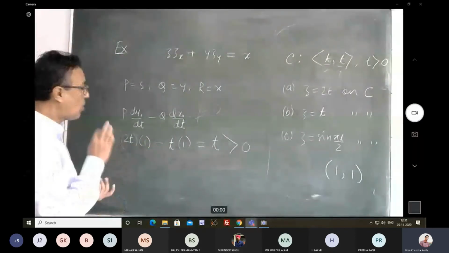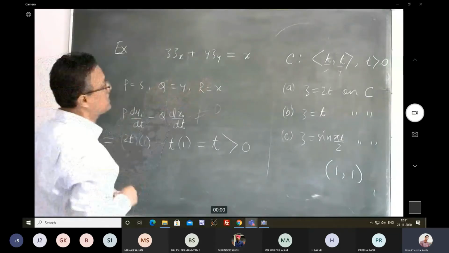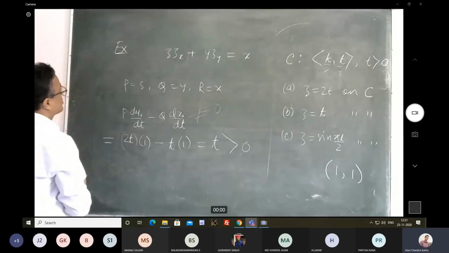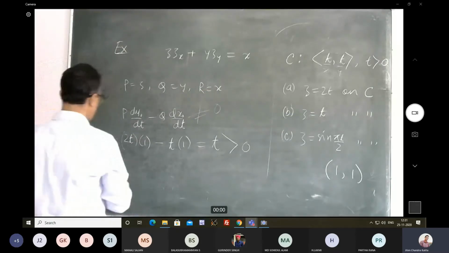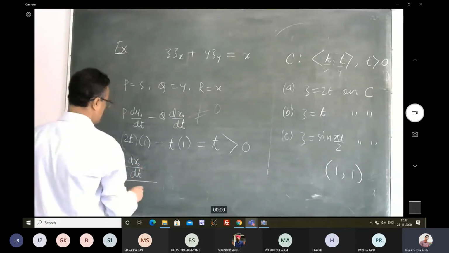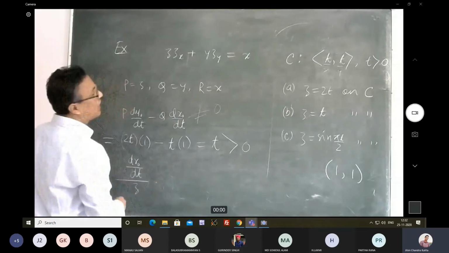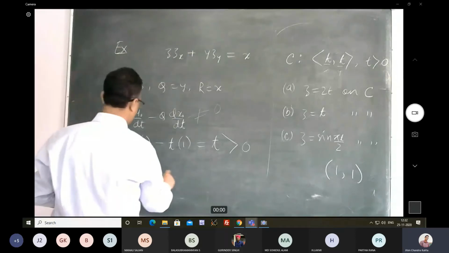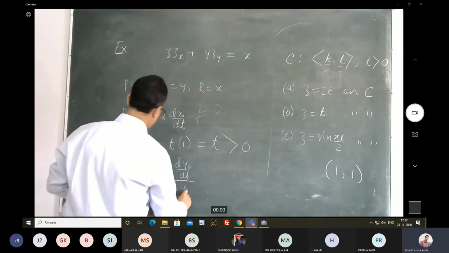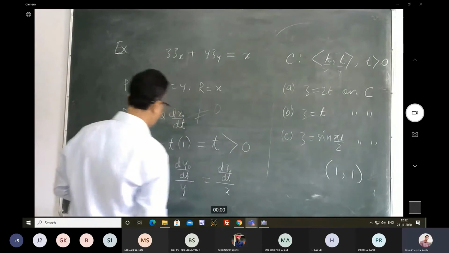Okay. So the only thing that now needs to be checked for case 2 and case 3 is whether I get the same ratio there at the point 1, 1. So now see dx0/dt by p. P is j, q is y, and r is x.